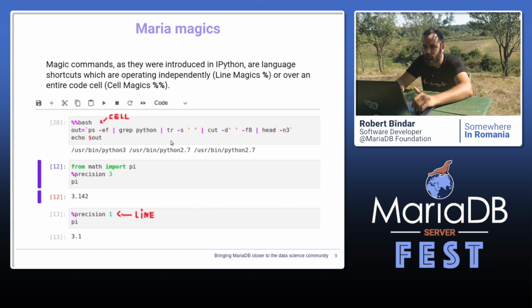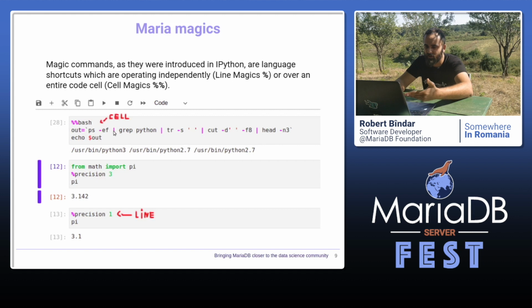There are two types of magic commands as they were originally defined. You can have line magics, which are pretty much independent. They do their function on their own without needing any extra input, except for the arguments passed on the same line as the magic command.